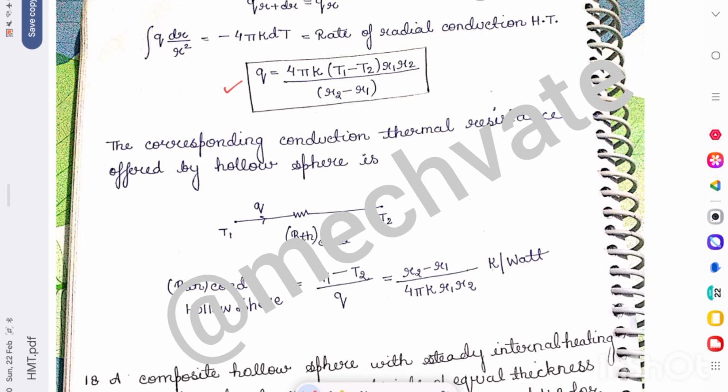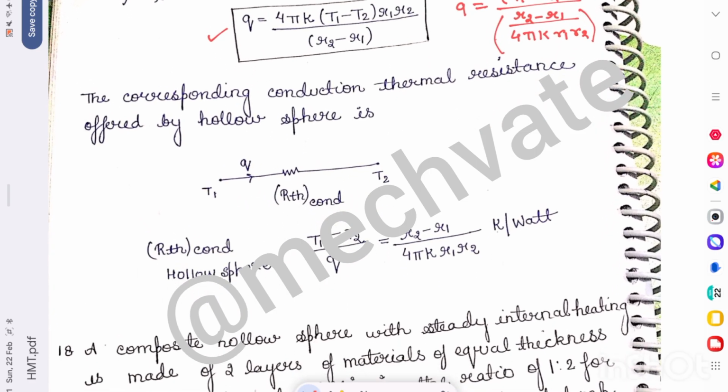So writing in this form, Q is equal to (T1 minus T2) divided by (R2 minus R1) over (4 pi K R1 R2). This is the thermal resistance: (R2 minus R1) over (4 pi K R1 R2).